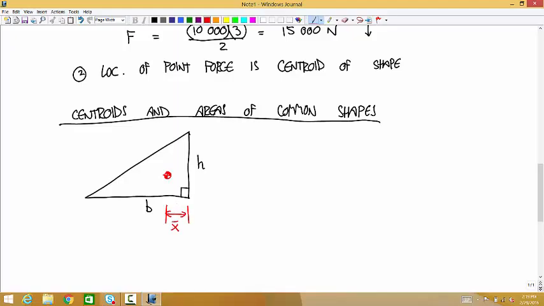I'll call this X bar and this Y bar. Then the area is equal to base times height over 2. X bar is equal to base over 3, and Y bar is equal to H over 3.